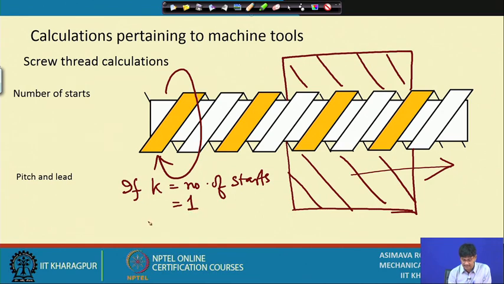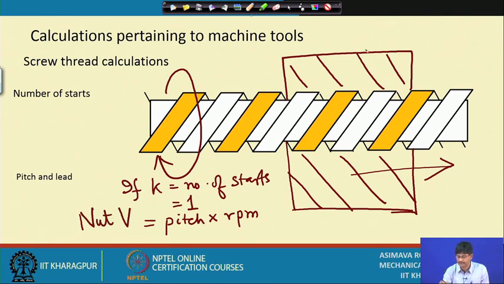In that case, the movement of this nut past the screw, if it is not allowed to rotate with the screw and if the screw is not allowed to translate, is pitch into RPM. So, we can write nut velocity. Velocity of the nut will be equal to pitch multiplied by the RPM.